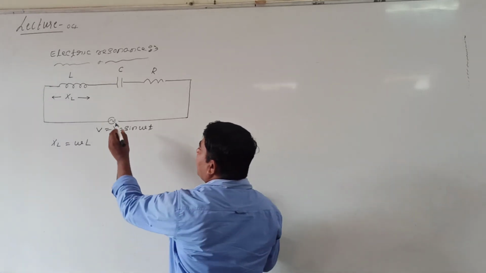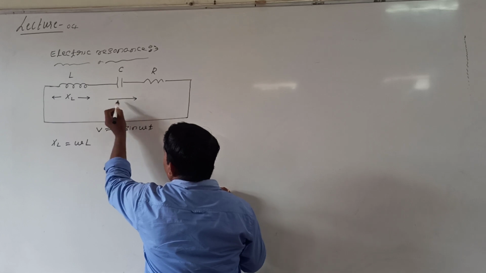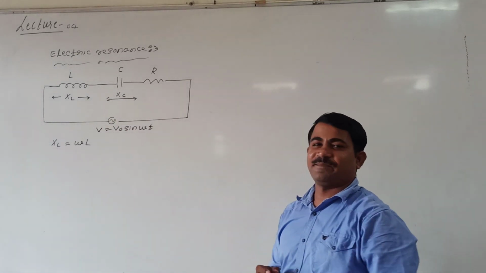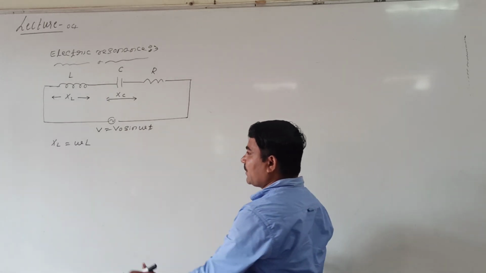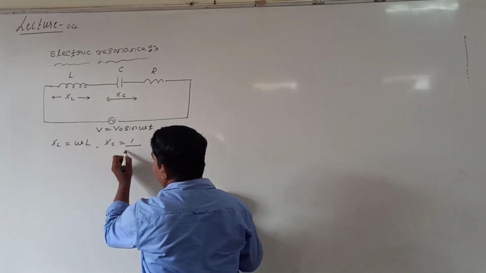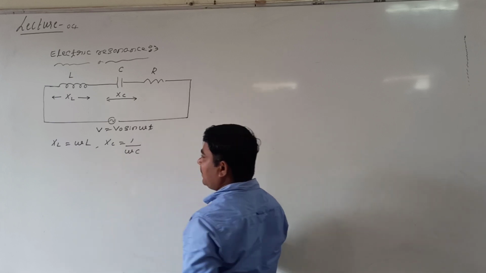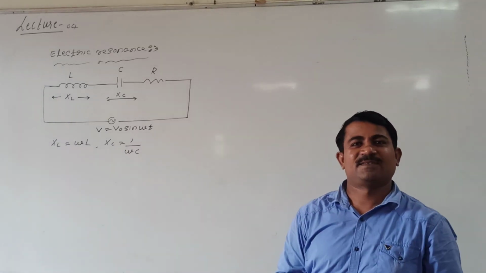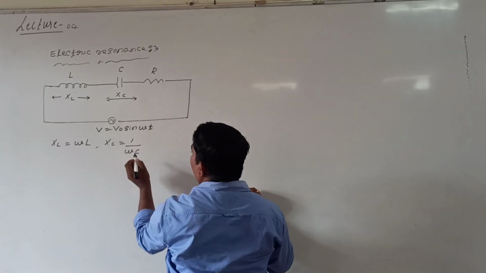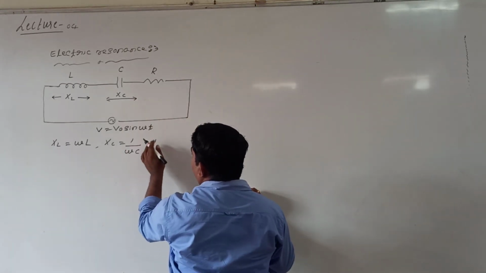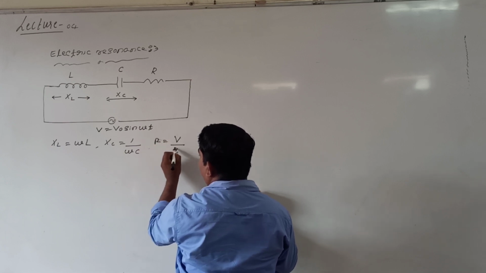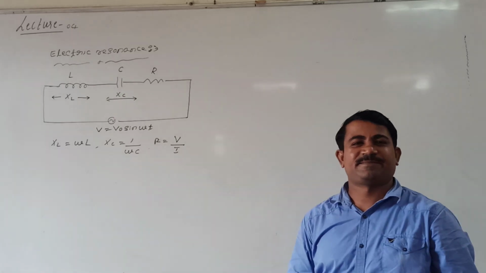The opposition offered by capacitor to flow of AC, this we are calling capacitive reactance. Capacitive reactance can be represented by what quantity? Capacitive reactance is 1 by omega into C. Okay. Now the opposition offered by resistance to flow of AC, what are you taking? R is equal to V divided by I. Right.